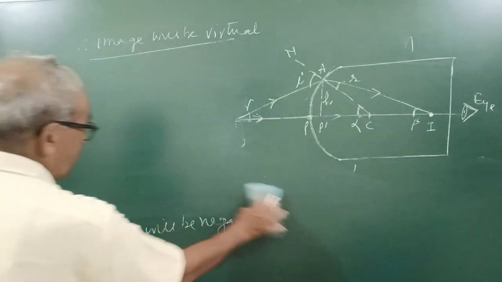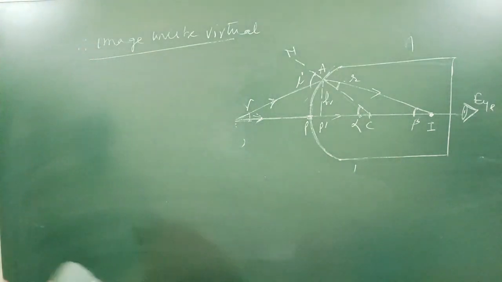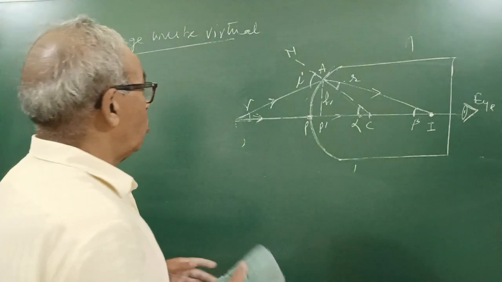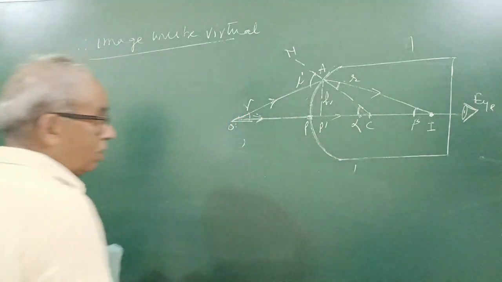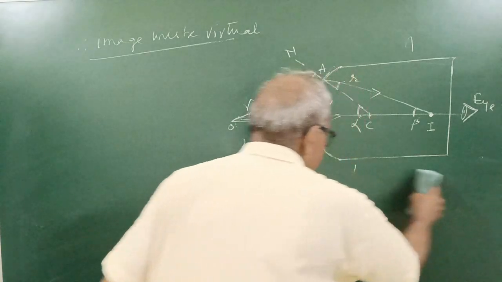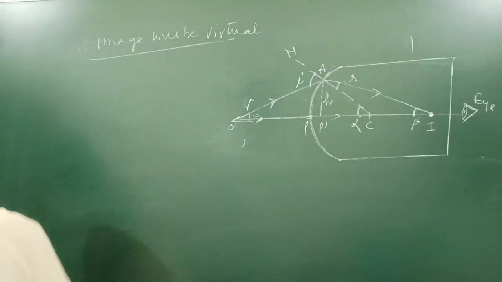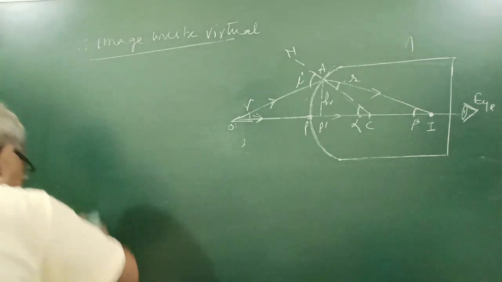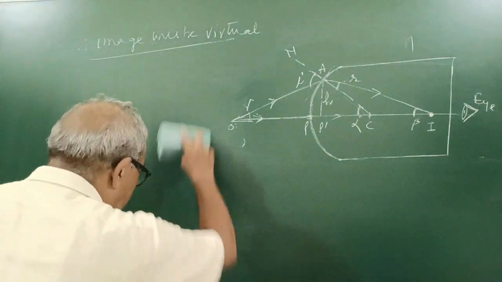So you might be thinking how the diagram will be obtained. If object O is placed close to P, I am drawing the diagram here. You can compare and remember that also, because I have seen it asked in different exams.